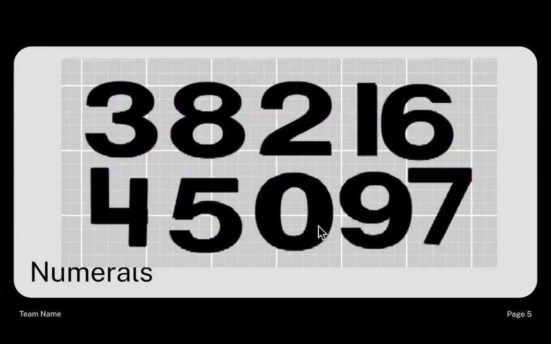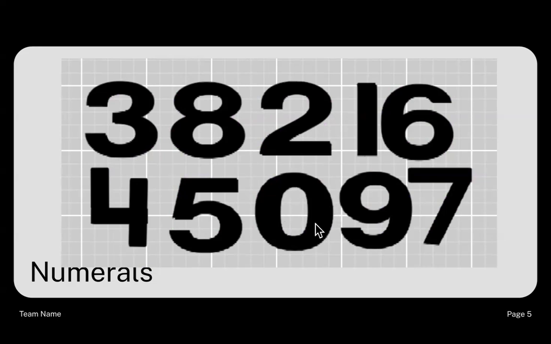I also included numerals, and numerals are just numbers, and you can put them up, and this will help the child to write their numbers. They can also form numbers, and in a few moments, I'm going to show you how they can form really nice equations or inequalities with it too.